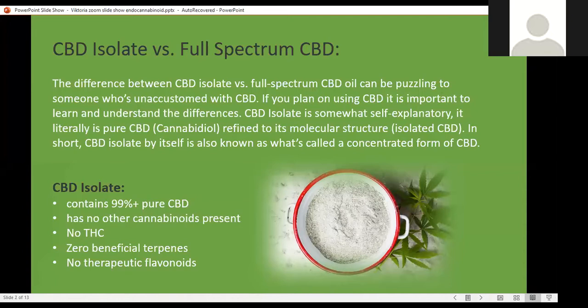CBD isolate is somewhat self-explanatory. It's literally pure CBD, one cannabinoid, refined into a molecular structure. It contains 99% pure CBD. It has no other cannabinoids out of 120. There's no THC, there are 0 terpenes, and 0 flavonoids.